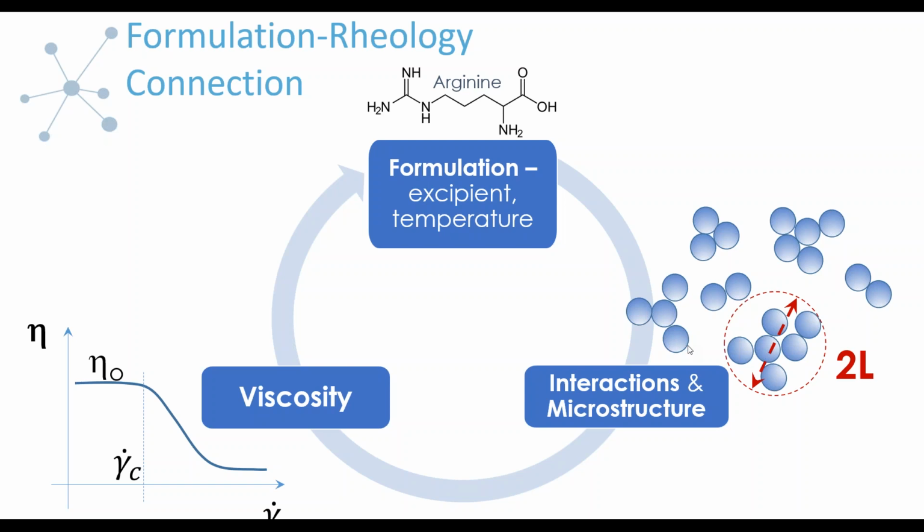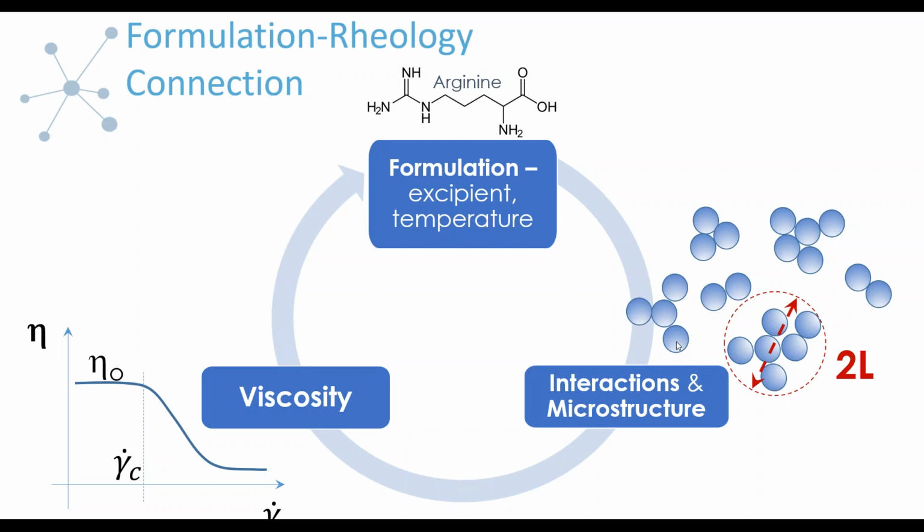In the case of an attractive interaction, which proteins are inherently, and you can adjust the relevance of that by adjusting the formulation, the structure will evolve such that you have clusters or aggregates where these individual primary units are grouped together. This is what I mean by microstructure or spatial arrangement.